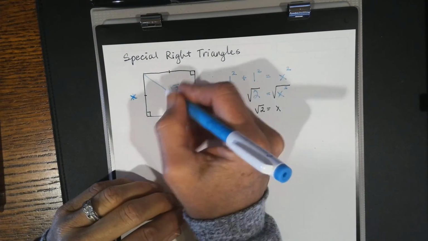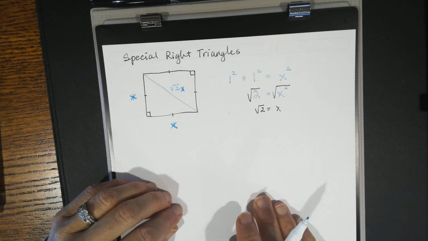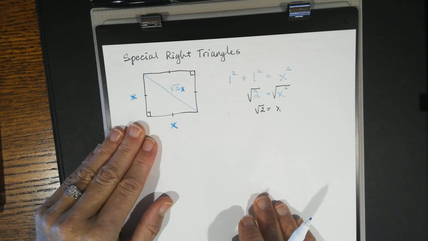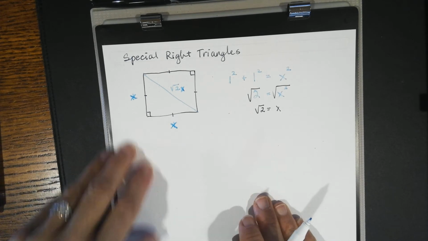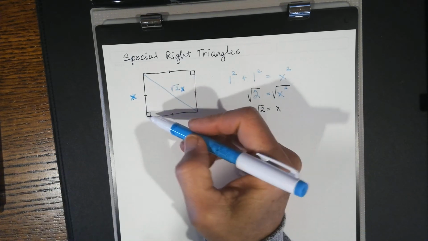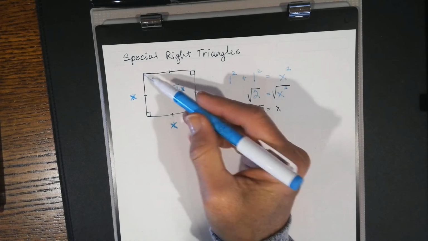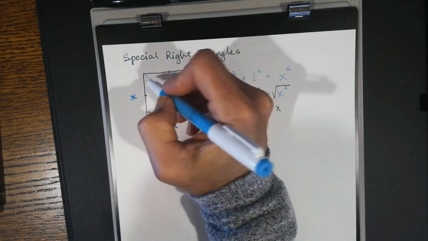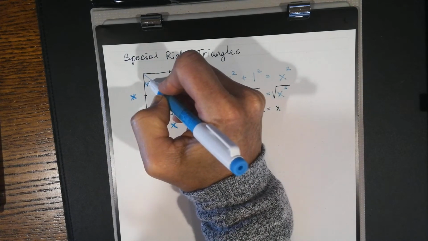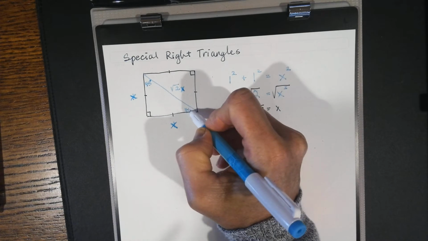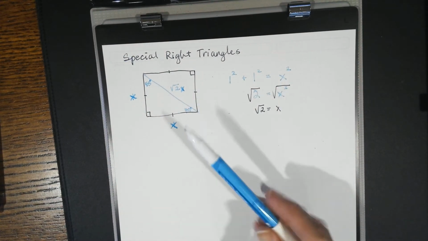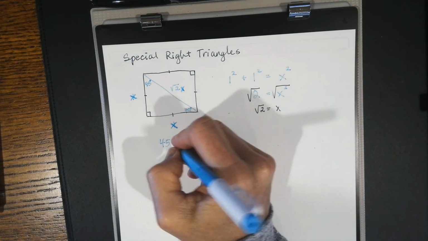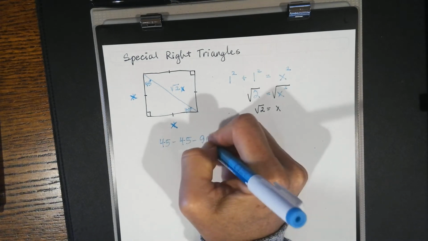Oftentimes we'll put the number in front to make sure it's not confused with the root. Now, the name of this triangle: these are all right angles, but you know that diagonals bisect those angles. So half of 90 degrees is 45. That makes this triangle here a 45, 45, 90.